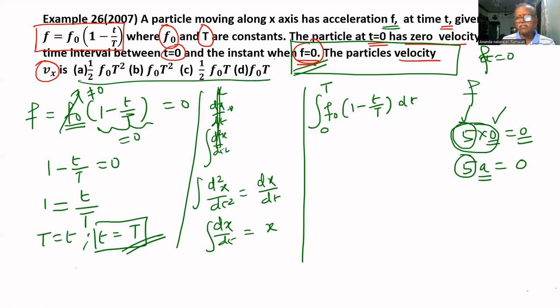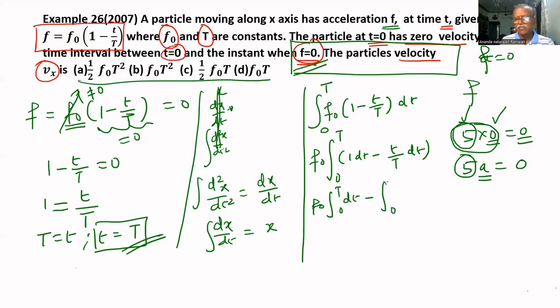Constants can be taken outside the integration, so f naught can be taken outside. The integral from 0 to T of (1 − t/T) can be separated into 1 dt minus (t/T) dt. So this can be written as f naught times the integral from 0 to T of dt minus the integral from 0 to T of t/T dt.